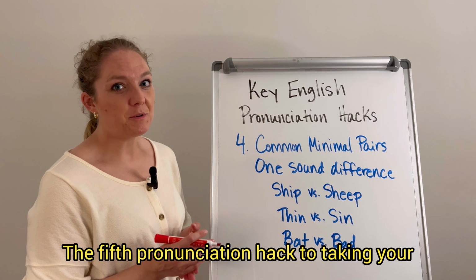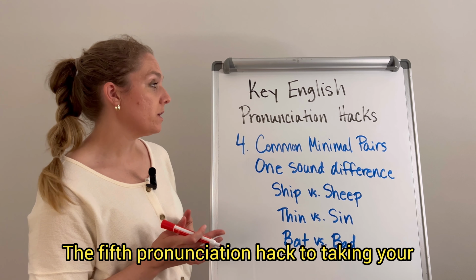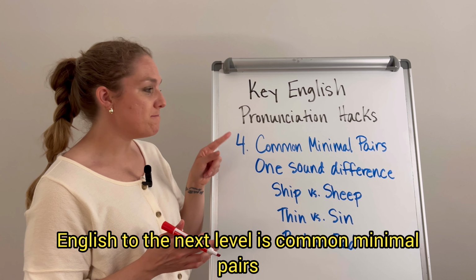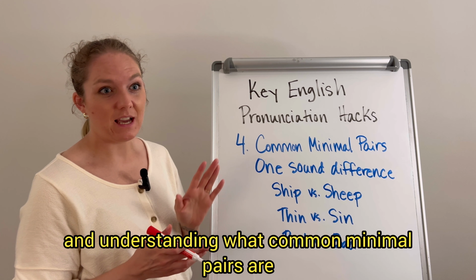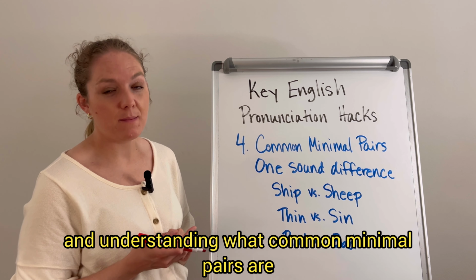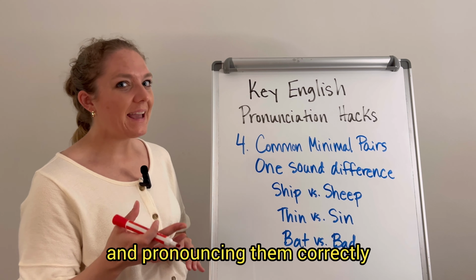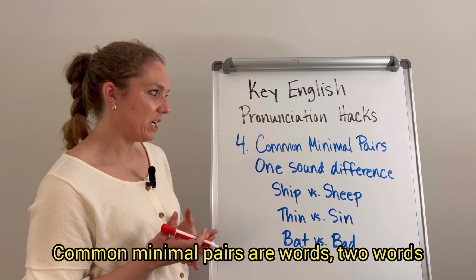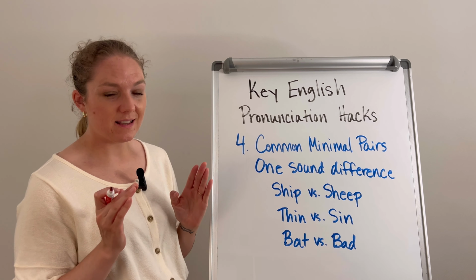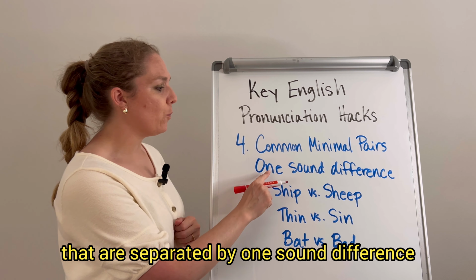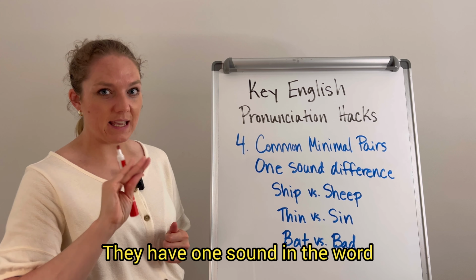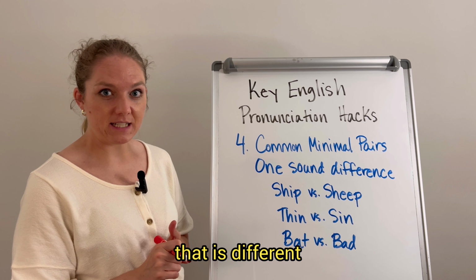The fifth pronunciation hack to taking your English to the next level is common minimal pairs and understanding what common minimal pairs are and pronouncing them correctly. Common minimal pairs are two words that are separated by one sound difference. They have one sound in the word that is different.